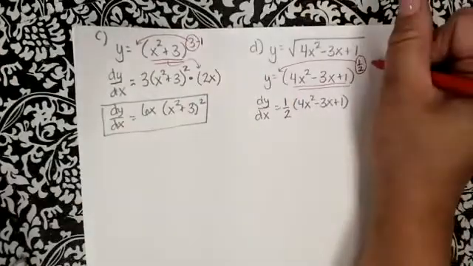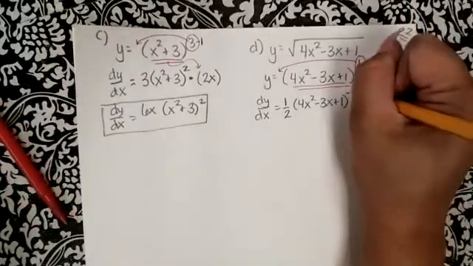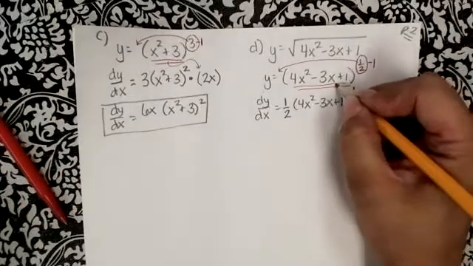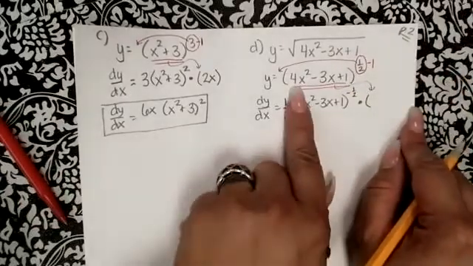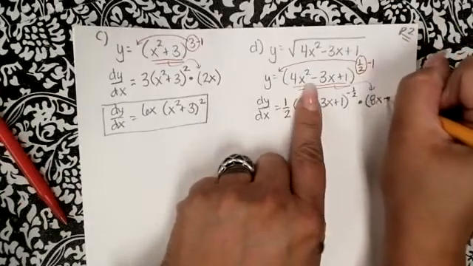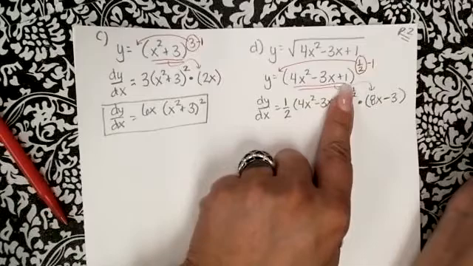And then when I decrease my power, 1/2 minus 1 is going to be a negative 1/2. Now I took care of the outside. Now when you're taking the derivative inside, make sure you're putting that in parentheses. So the derivative of 4x squared is going to be 8x minus the derivative of 3x, which is 3. And then the derivative of 1 is going to be 0.